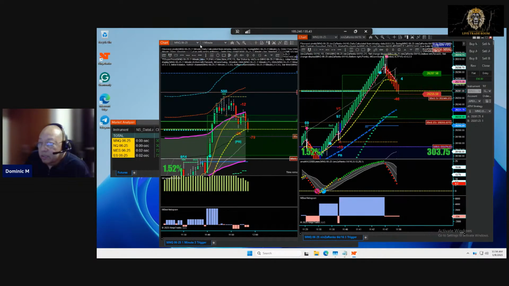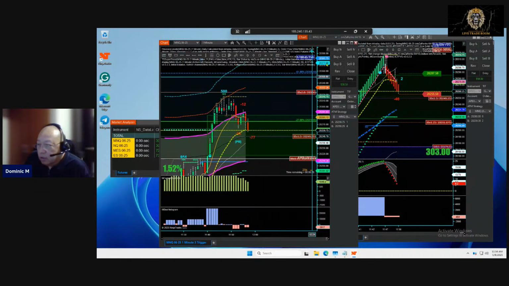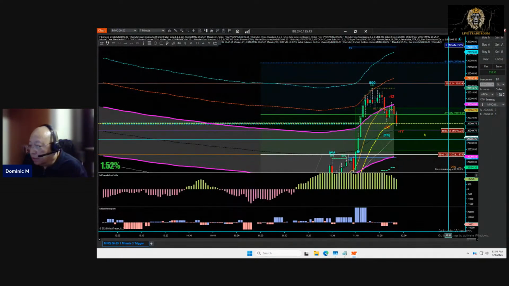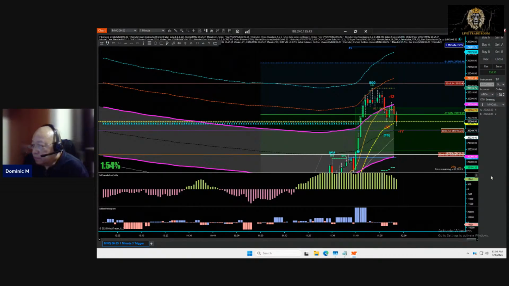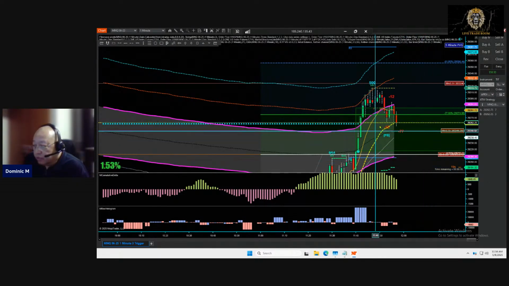Okay, let's go back to this 1 minute chart. You can see where the fair value gap is. You can see right here. This is the mid. So I may try to get here and come back up, right? Right here. And this is the first time it's actually testing it, so it may definitely come back up.